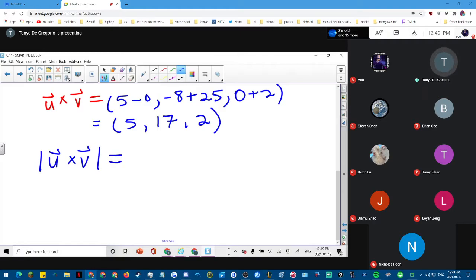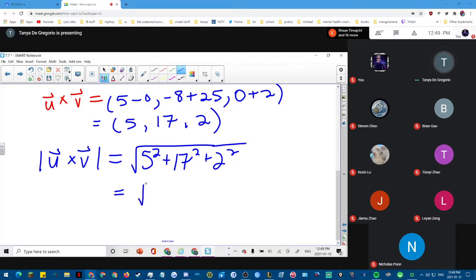I'm just going to do the magnitude first, to find the area of the parallelogram. And we know that we take the sum of the squares and then take the square root. So what do I get here? When I add these, the sum of the squares, what do I get?